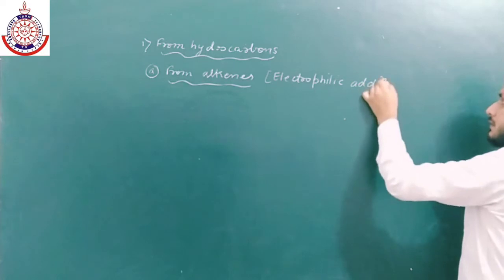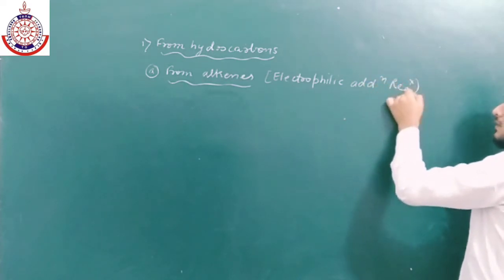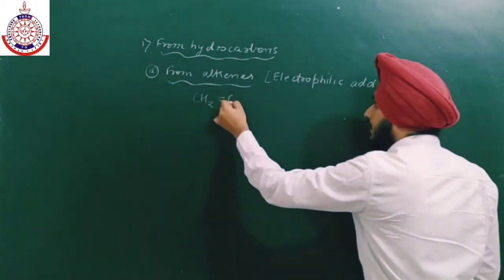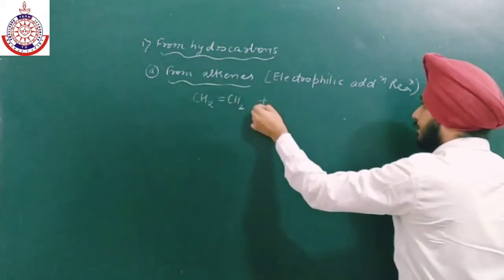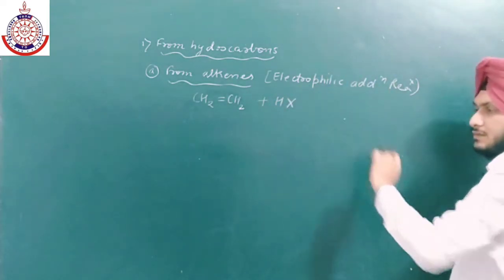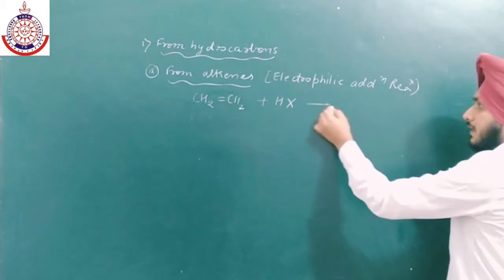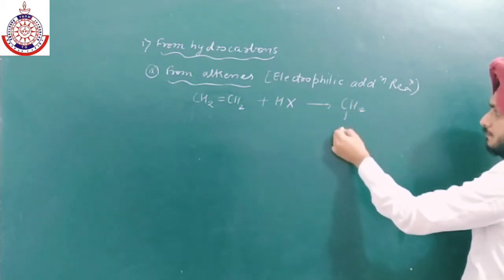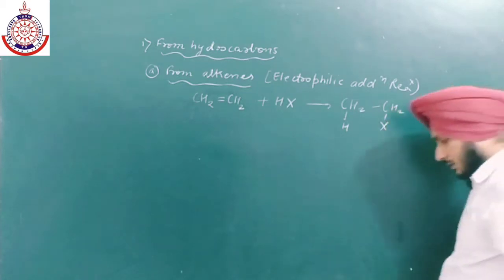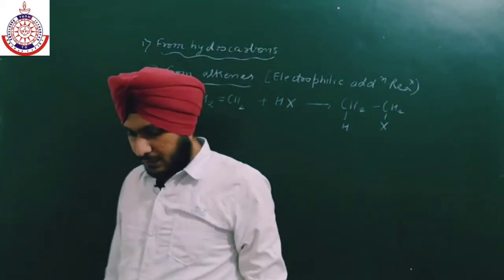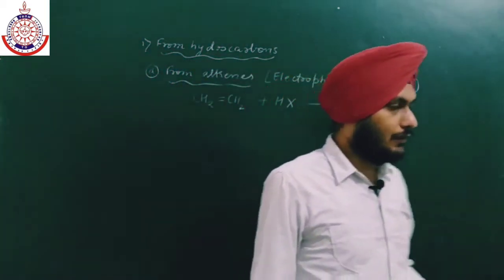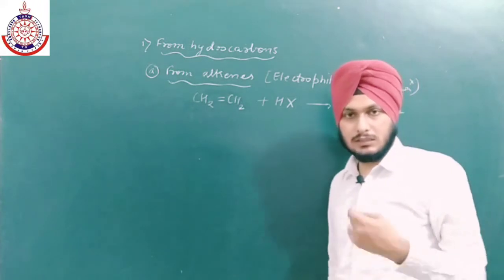If we have a symmetrical alkene and we take any halogen acid, we will get this product, H over here and X over here. Both the carbon atoms are identical, so we will get a single product. There is no other choice.